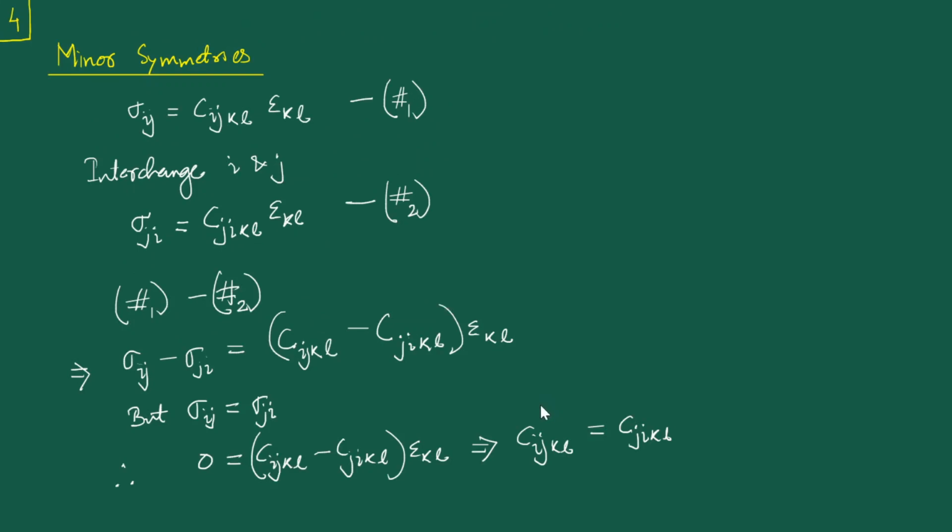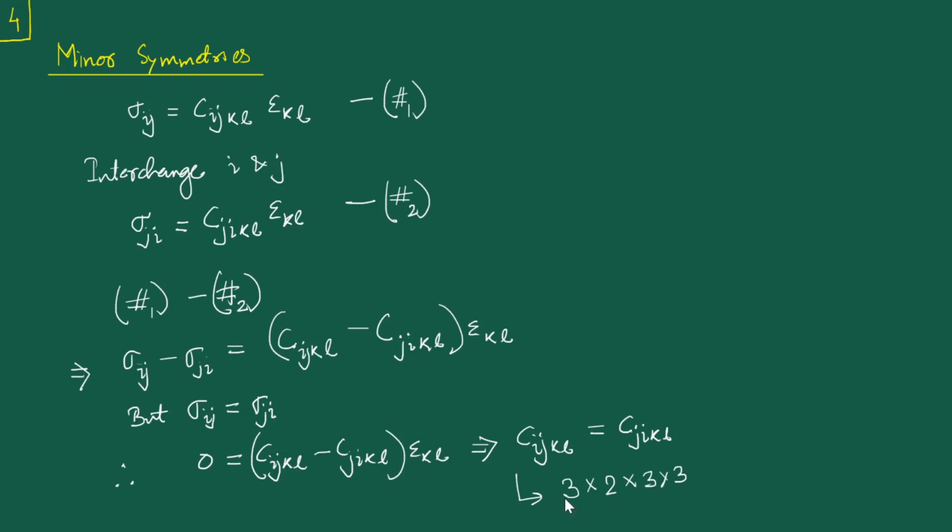So here, see the interchangeability of ij, the first two indices. As a result of this, what we can conclude is that instead of 3 into 3 into 3 into 3, what we really have is 3 into 2 into 3 into 3. The 3 into 2 is happening because the interchangeability of ij tells us that this is a combination and not a permutation.